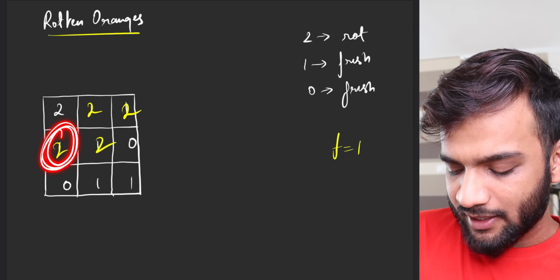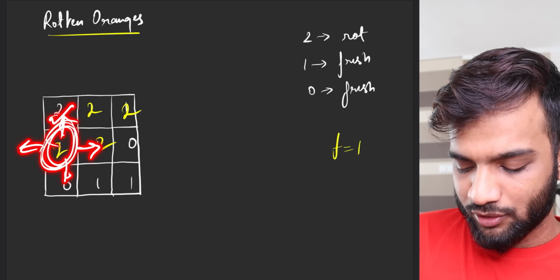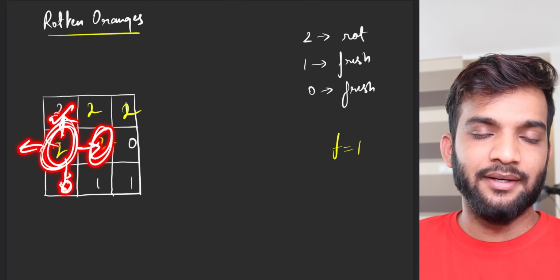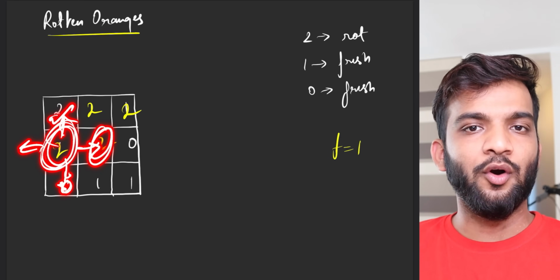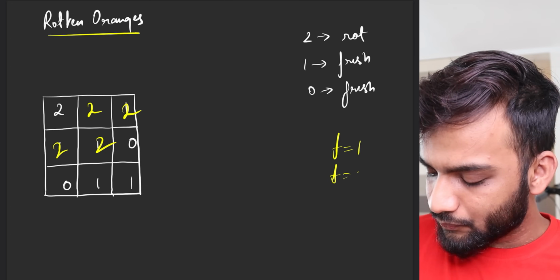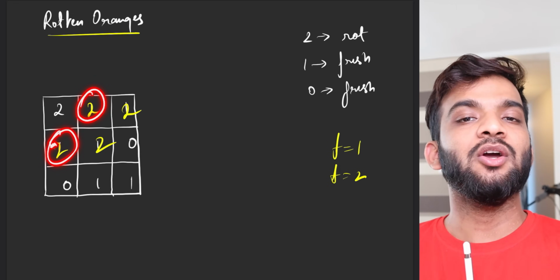Now we have this one here. This is already rotten, and this one is 0, which is an empty cell. It does not have an orange, so you cannot rot it. So right after time equal to 2, these couple of oranges did rot the neighboring oranges.